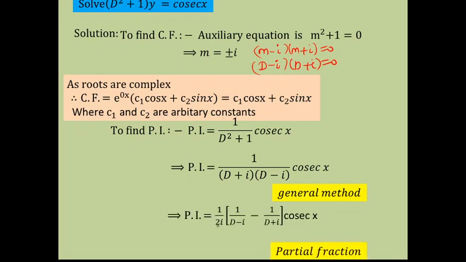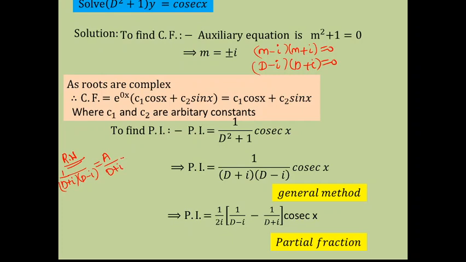We know very well how to apply partial fraction. As the factors are linear, so 1 upon D plus i into D minus i, and they are distinct, we can write the partial fractions as a upon D plus i plus b upon D minus i.